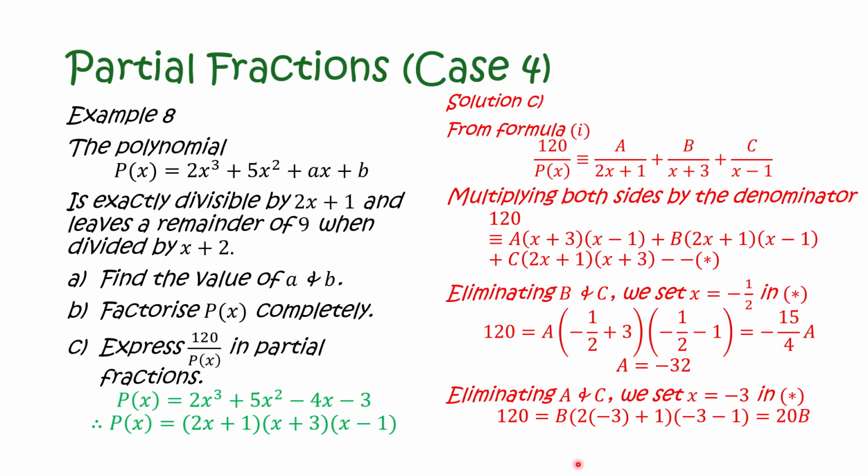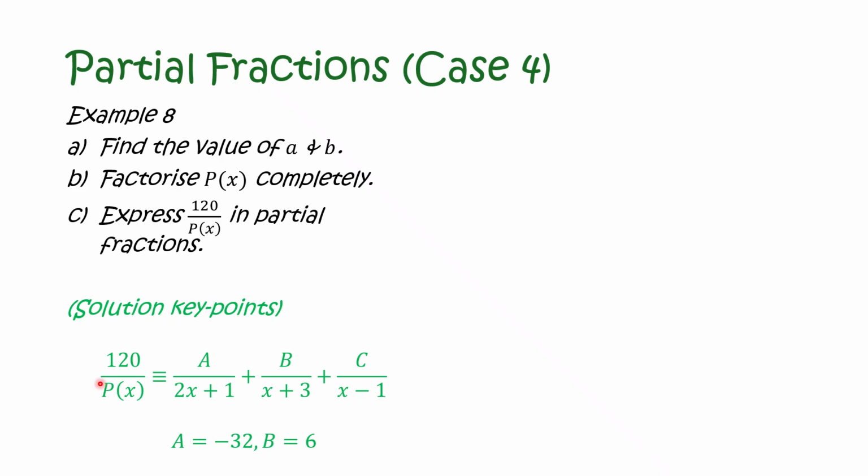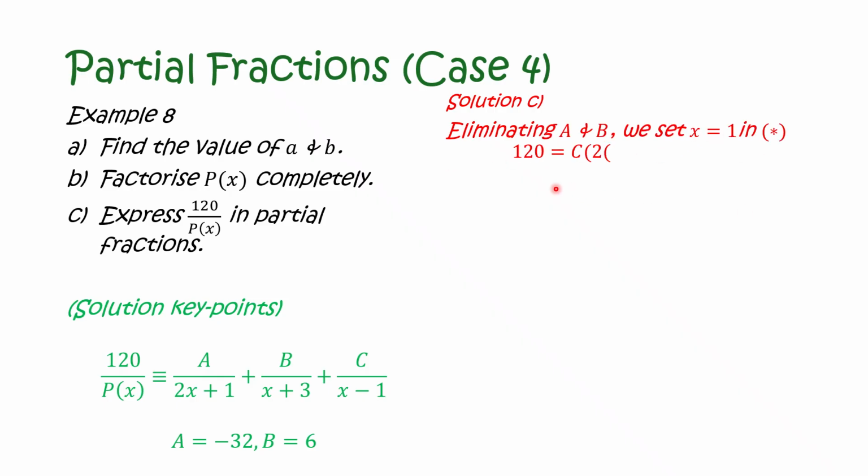Then eliminating a and c, we set x equal to minus 3 in identity star, implying that we are going to have that and simplifying that, we have 120 is equal to 20b, and simplifying that, we get b is equal to 6. Great. We have our key points here: the format of our partial fraction, and also the value of a and the value of b.